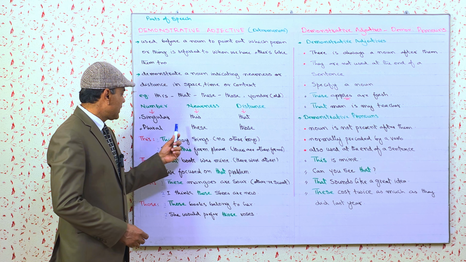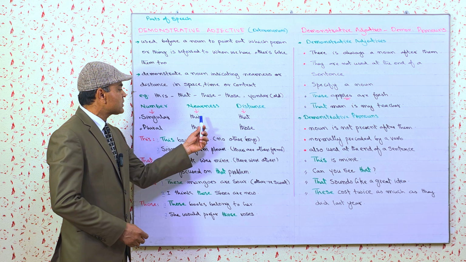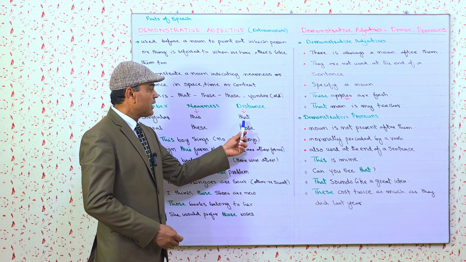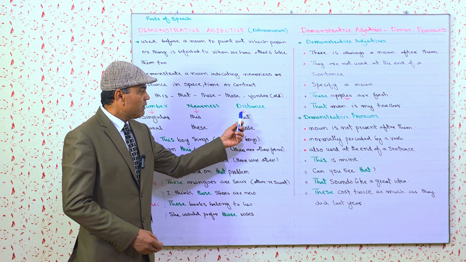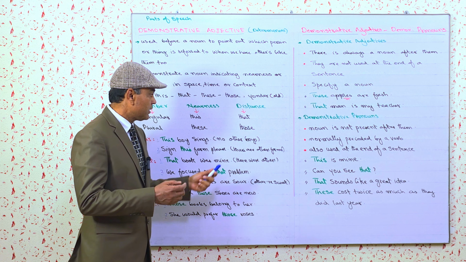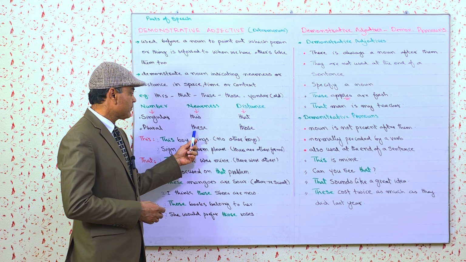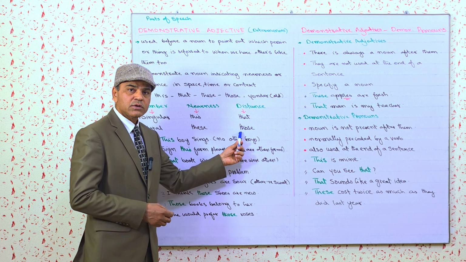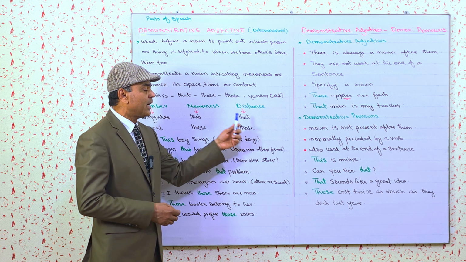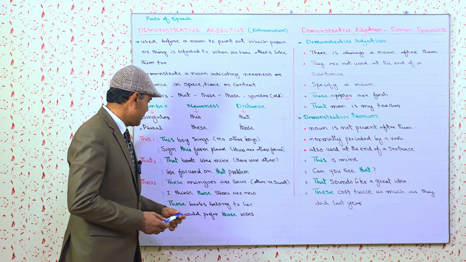These is used as the plural form of this to show something that is near, and those is used as the plural form of that when we indicate something that is at a distance, but plural. So these is nearness plural, those is distance plural. This is nearness singular, that is distance singular.